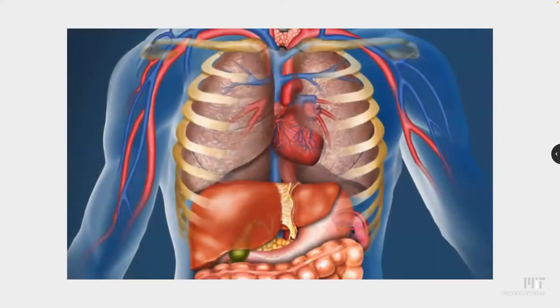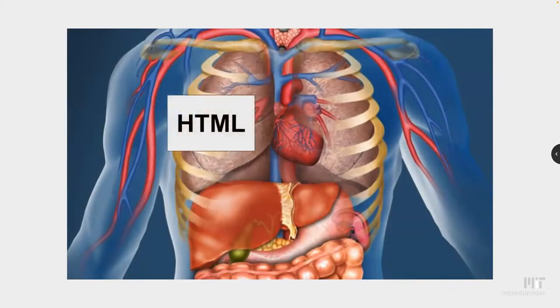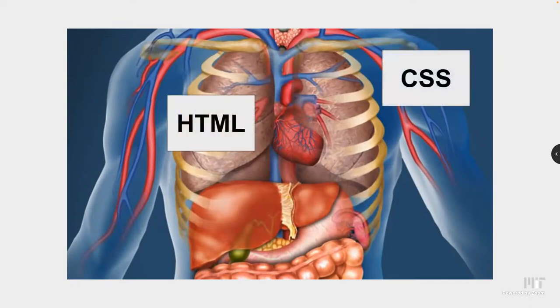So going back to the cartoon, HTML is the skeleton. CSS is the skin, or what makes it look good. And then JS, or JavaScript, is basically what makes everything function.